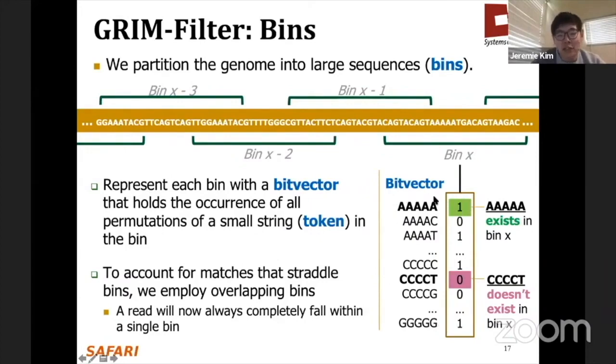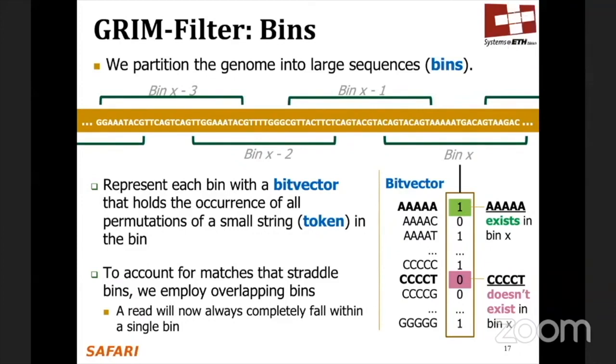And so you want to tune the bin size and the token size to have a reasonable rate of ones and zeros. We basically just swept a bunch of different sizes and heuristically found specific values that were good for the human reference. But obviously this can be tuned based on whatever particular reference you're using.